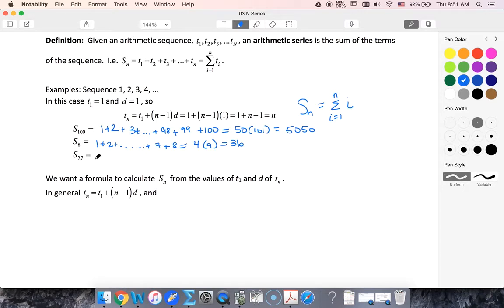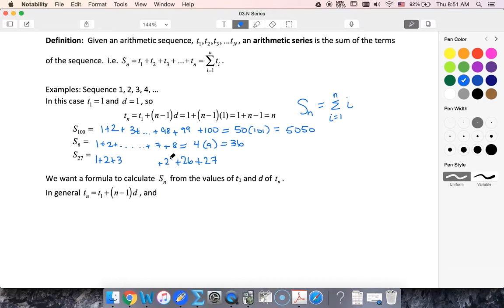If I go to 27, well, I'm going to have 1 plus 27, 2 plus 26, 3 plus 25. So now I'm always summing to 28, but I don't have an even number of pairs. I'm going to have 27 divided by 2 sets of pairs, and they're going to sum to 28 each.